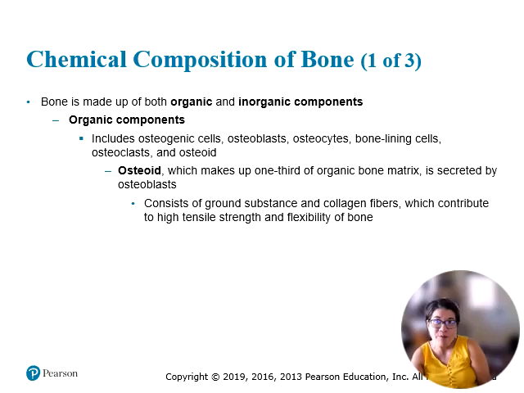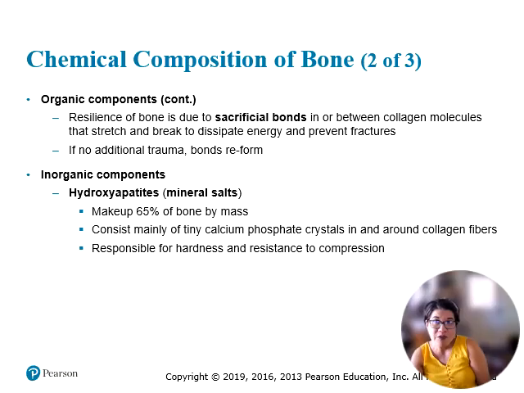Okay, so bone is made of both organic and inorganic components. So it's got all these different types of cells. And then osteoid is not cells, but it's some of the stuff that the bones are made out of. But all of that's organic. And then you also have inorganic substances like salts.